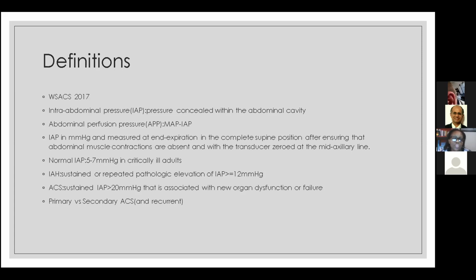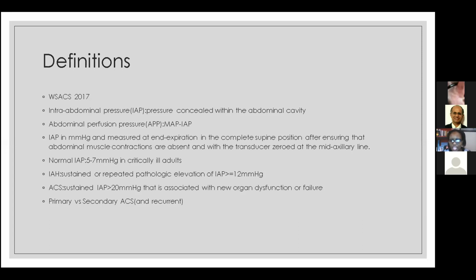The intra-abdominal pressure is measured in millimeters of mercury, and it's measured at end expiration. The patient has to be in a complete supine position with no abdominal muscle contractions, and the transducer is zeroed at the mid-axillary line.